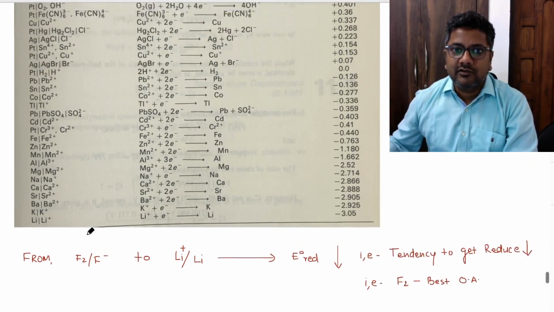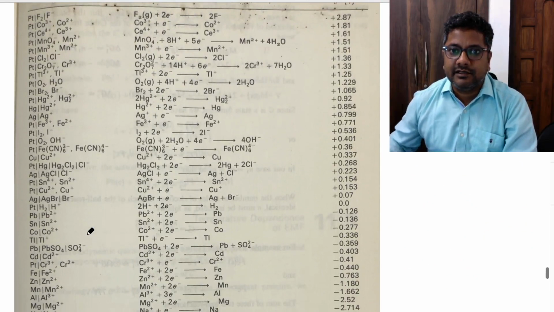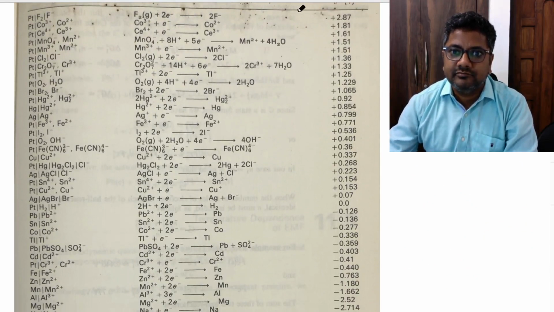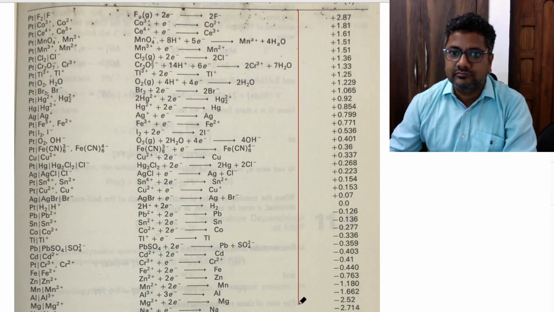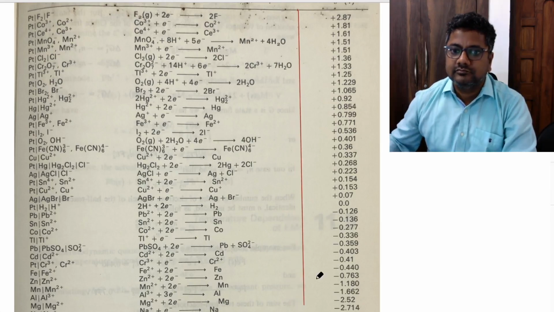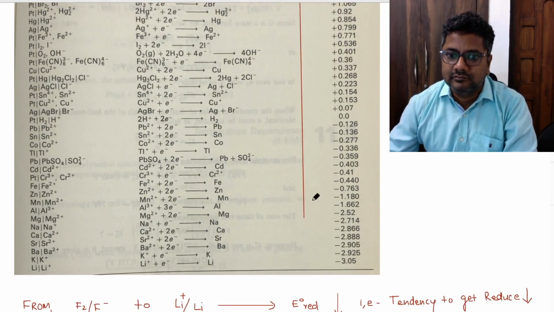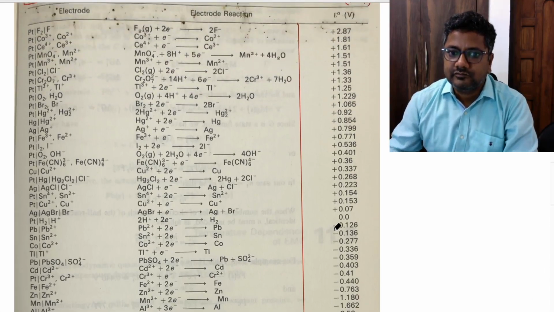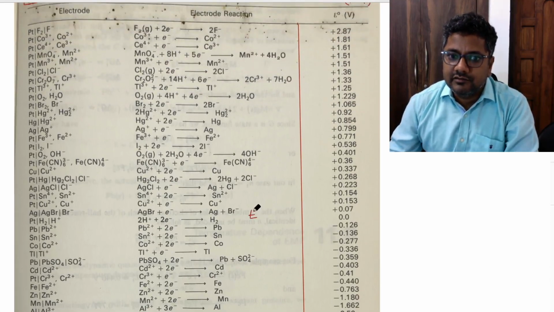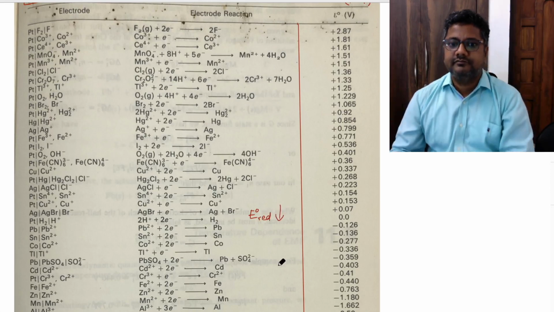Now you can say, from here to here, E naught reduction decreases, right?